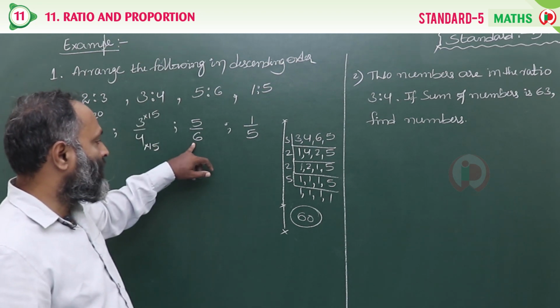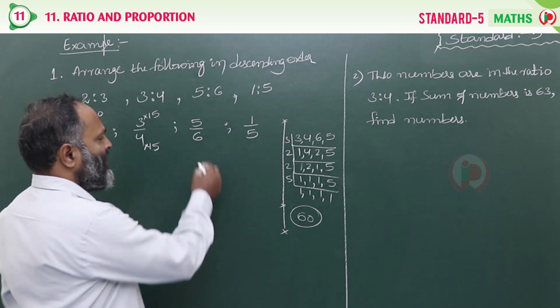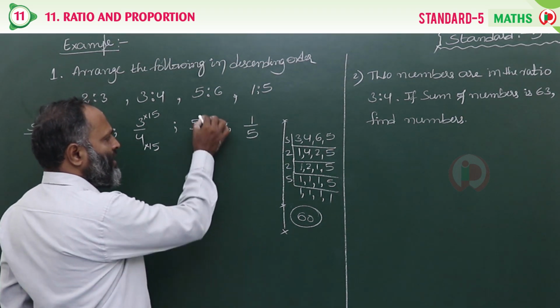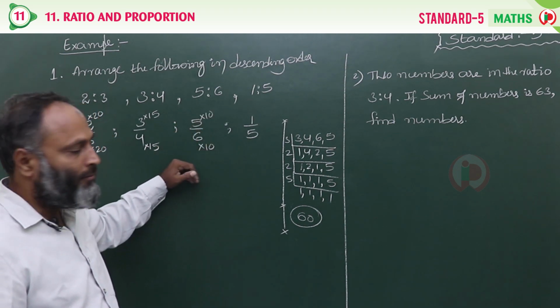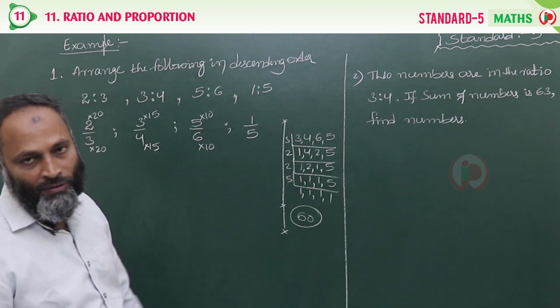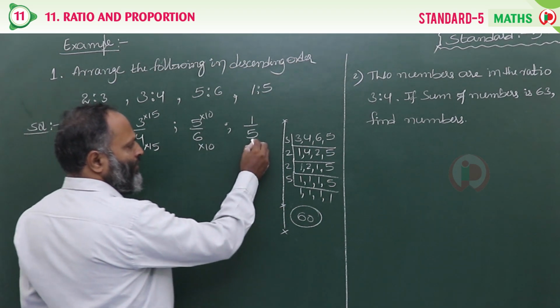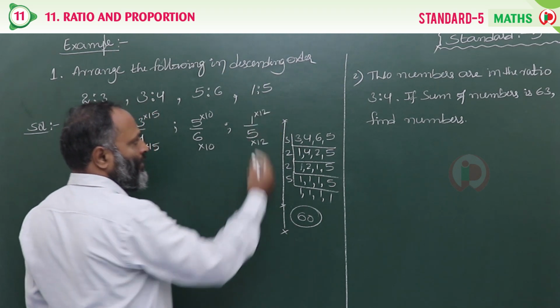The third fraction, in the 6 table, 6 10s are 60, so multiply numerator and denominator with 10. Now in the 5 table, 5 12s are 60, so multiply numerator and denominator with 12.